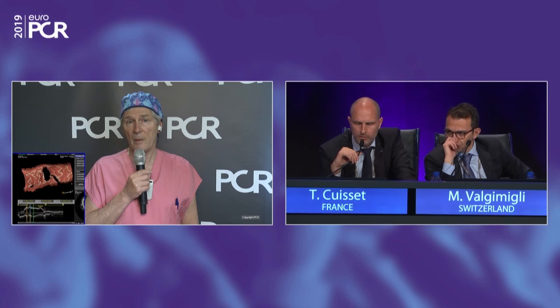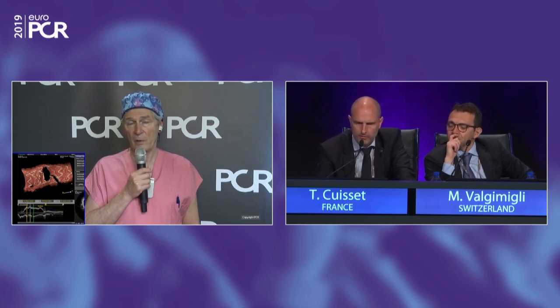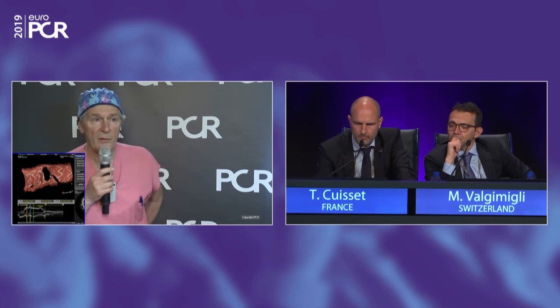And Thierry, technically speaking, could you just also summarize the few key points for the kissing balloon, meaning the choice of the balloon, positioning, sequential inflation? Yeah. So it's a very important point also. So we use non-compliant balloon for the side because there is no stent in the majority of cases, and semi-compliant usually or non-compliant in the main.